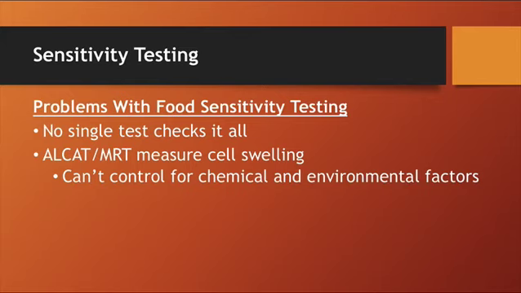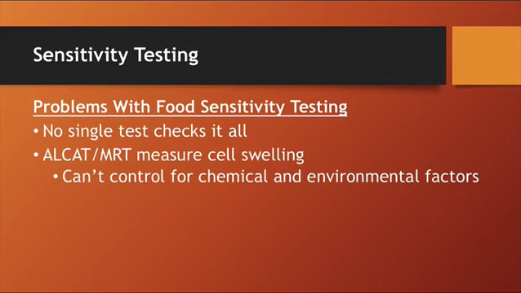The problem with that is we can't control for chemical and environmental factors. For example, the pH of your testing media actually makes a difference in whether your immune system is going to react or not. Or you may have something where you're creating fluid inside the cell, but it's not actually an immune response, and that makes it look like the cell is swelling from an immune reaction when it's not.